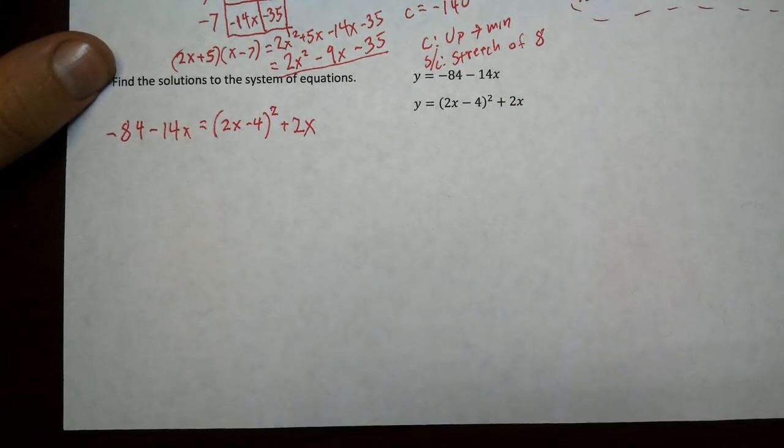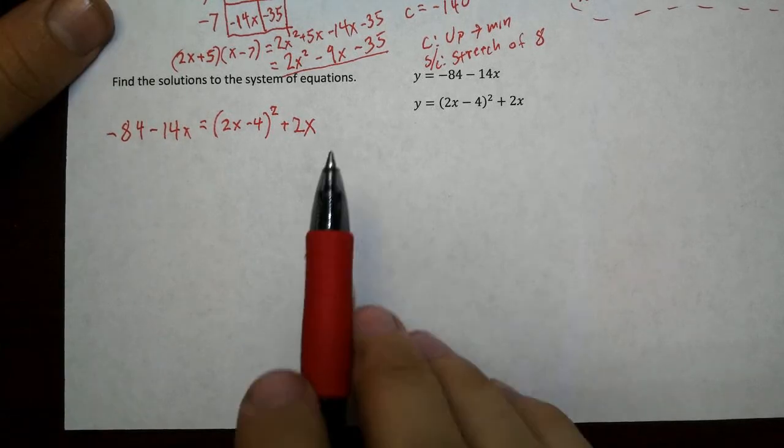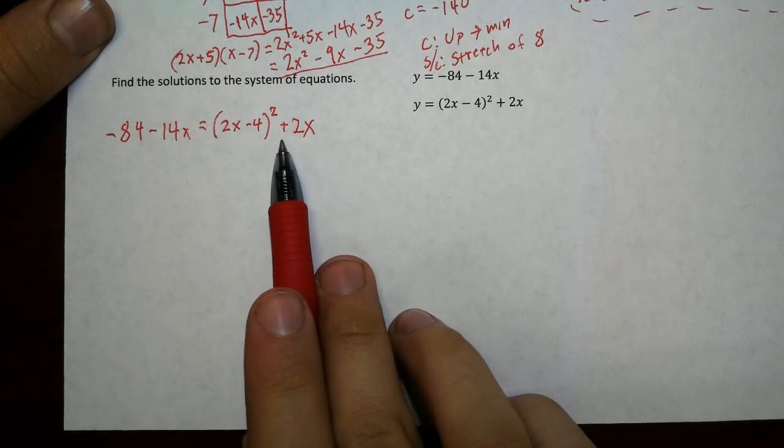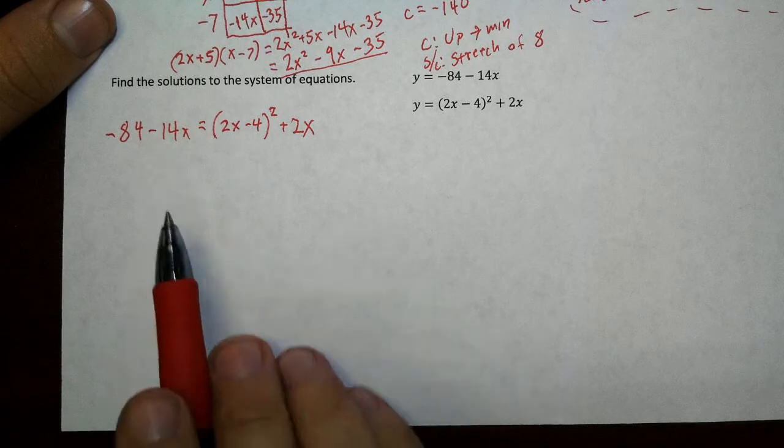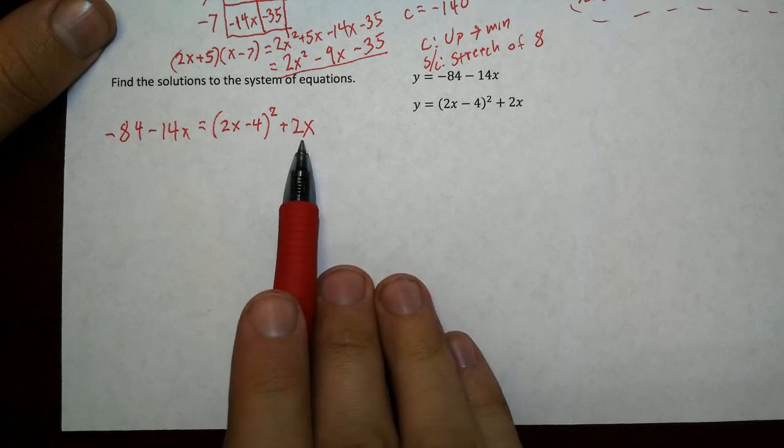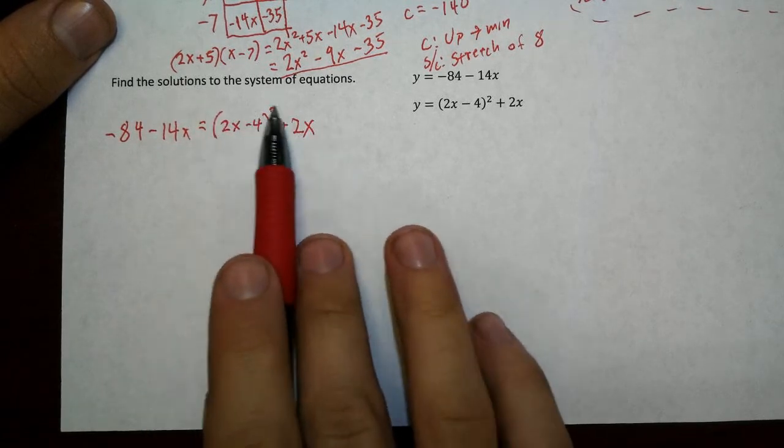Now, we're going to want to isolate our x, and there could be a handful of ways you're thinking of doing this. You could first think, hey, let me subtract this 2x over, or maybe add this 14x over to here, so I have all my x's on the same side.